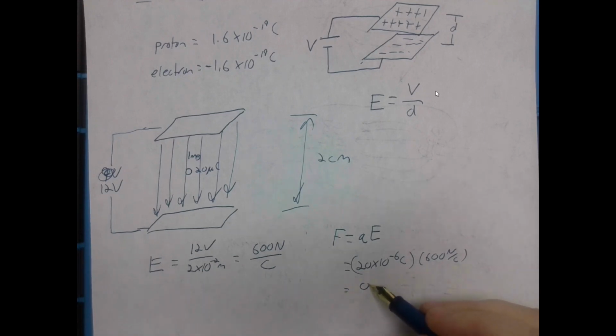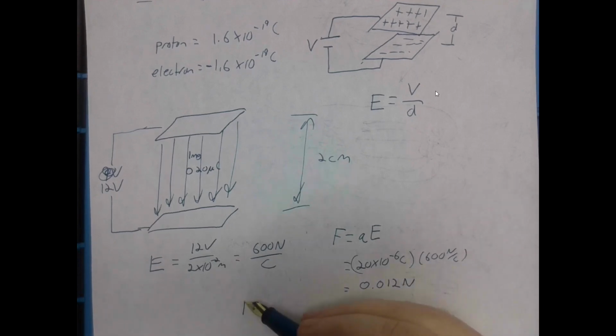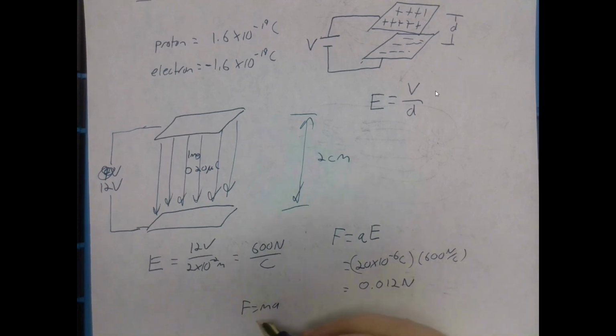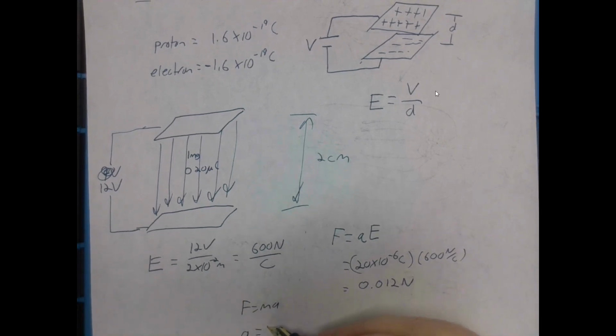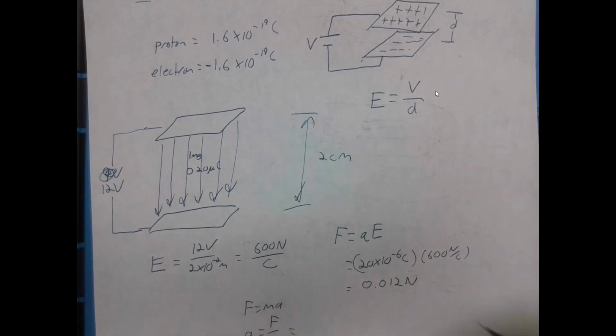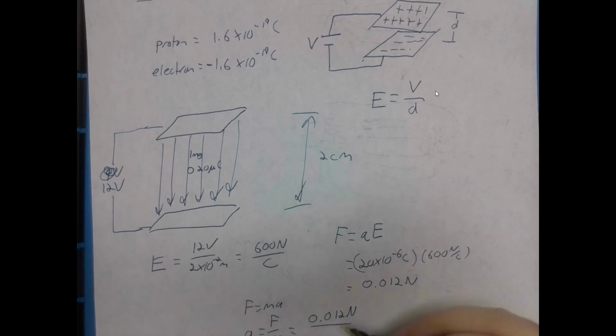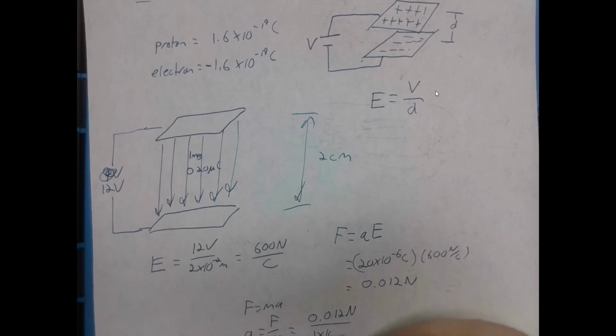So we get a force of 0.012 newtons. And then F equals ma. Rearranging it, acceleration due to the electrical force would be equal to F divided by m. Force is 0.012 newtons. Mass would be 1 times 10 to the negative 3 grams.